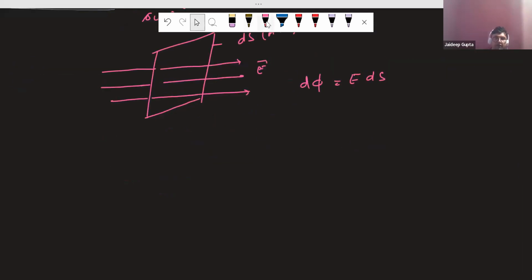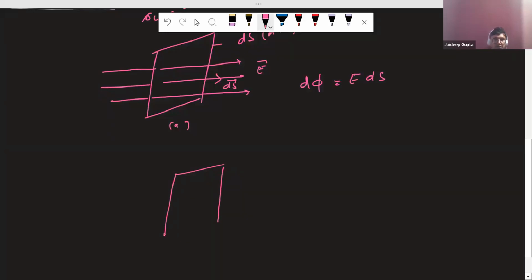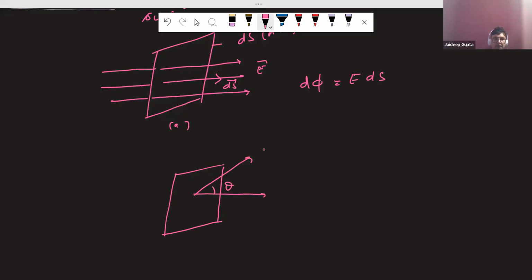Yes. The area vector will have the same direction. Yes. So the number of electric field lines passing perpendicular to the given surface is known as electric flux. Now, this is a particular case. If we take the general case, let it be a surface in which the electric field makes an angle theta with the area vector.